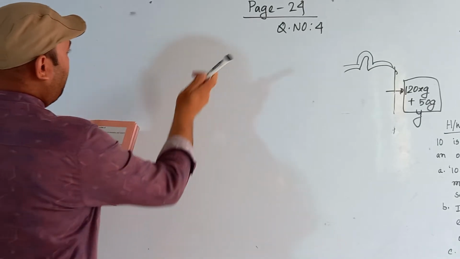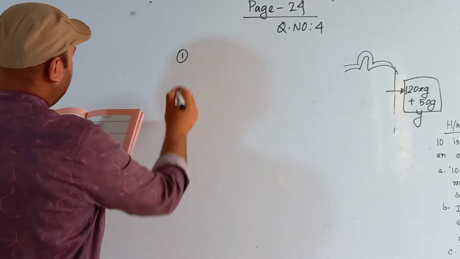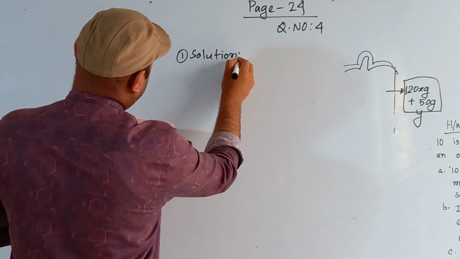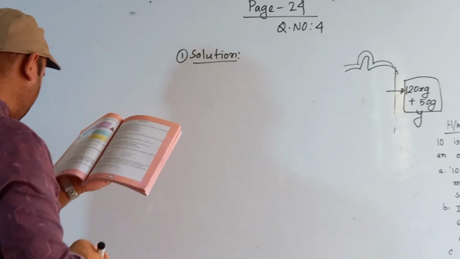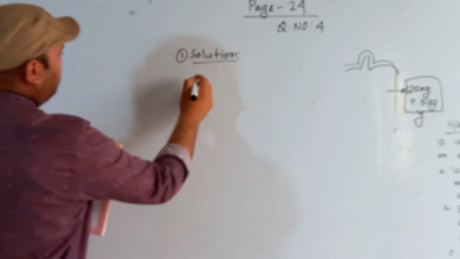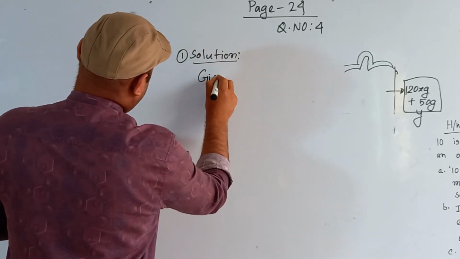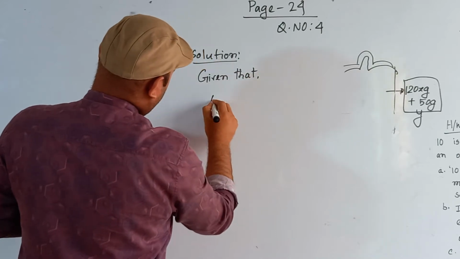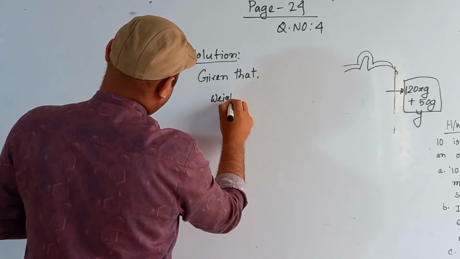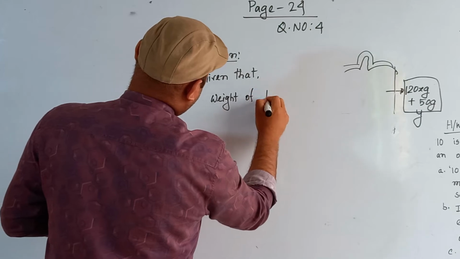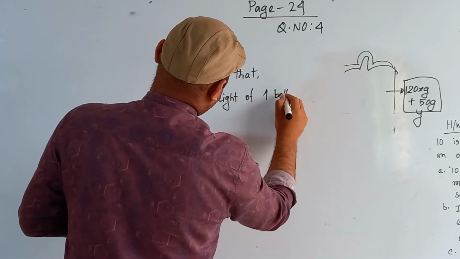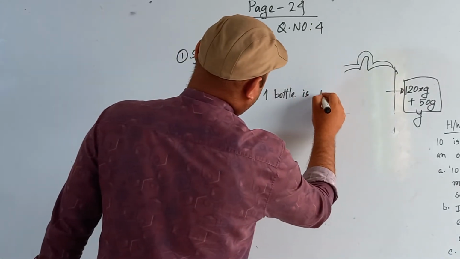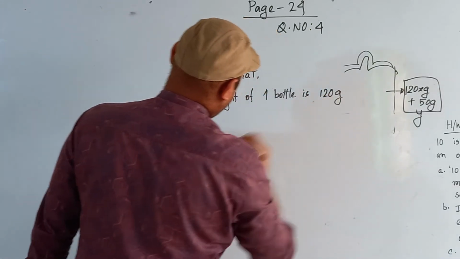Look at question number 1. Write a mathematical sentence. So we can write here, given that the weight of one bottle is 120 gram.